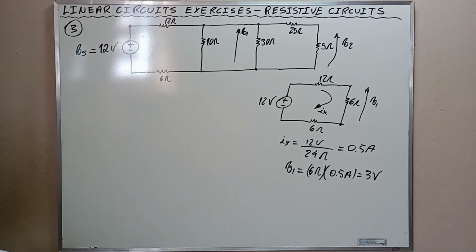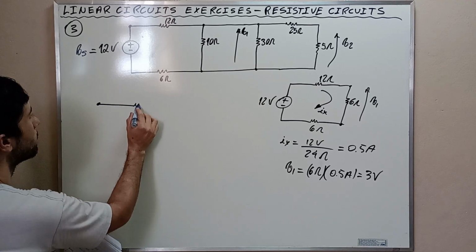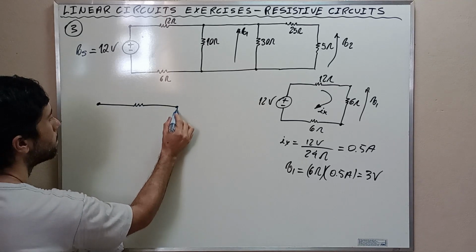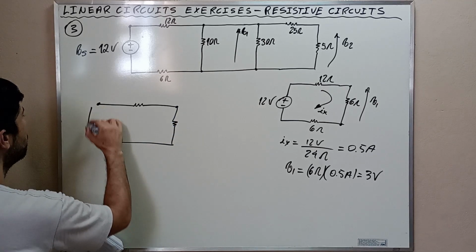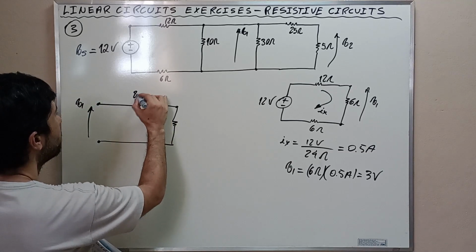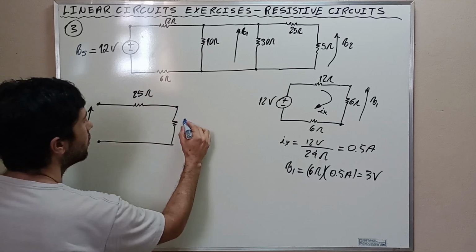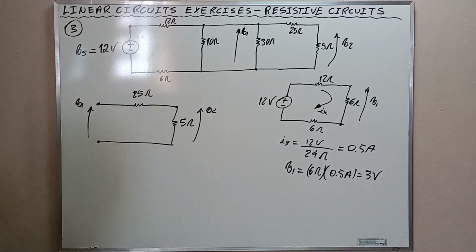Now we can calculate the value of V2 by using the value of V1. I have here V1, here 25 ohms, and here 5 ohms, and here V2. And from the value of V1, we can calculate the value of V2 by applying a voltage divider.